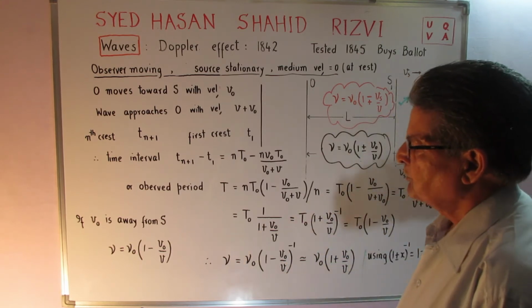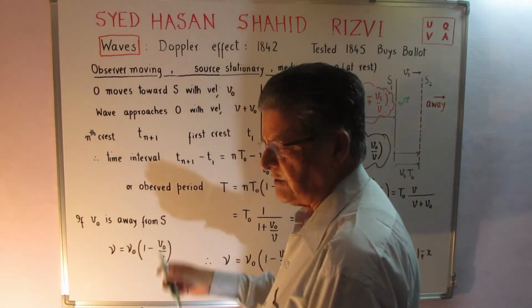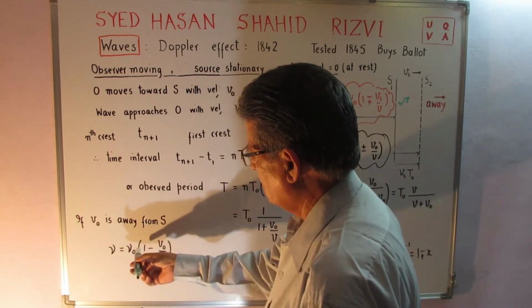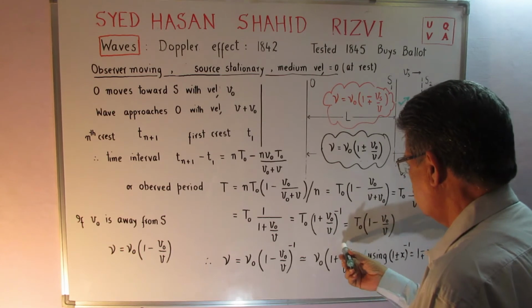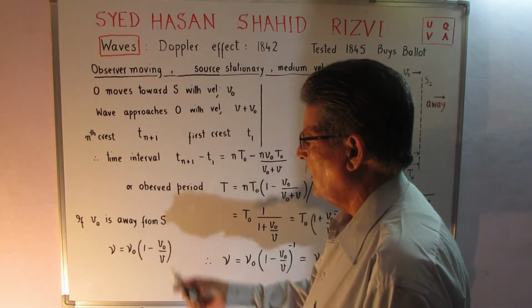Okay. Now, if v0 is going away from S, then we can write this as equal to, instead of plus v observer, we now write minus v observer.